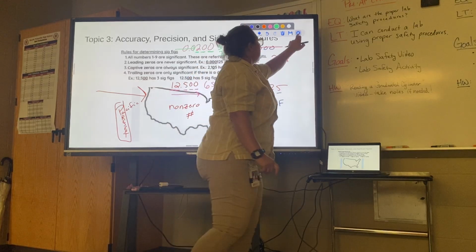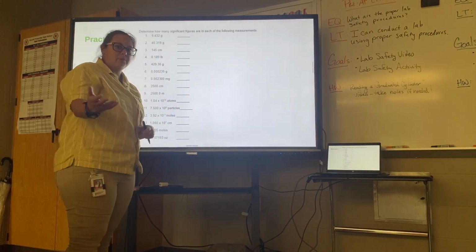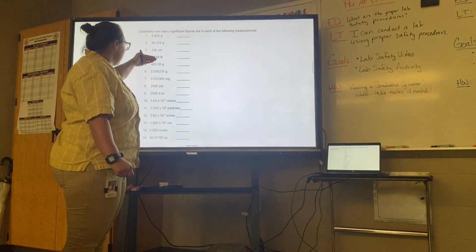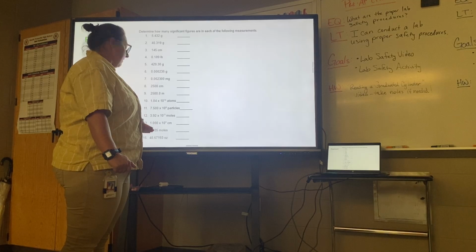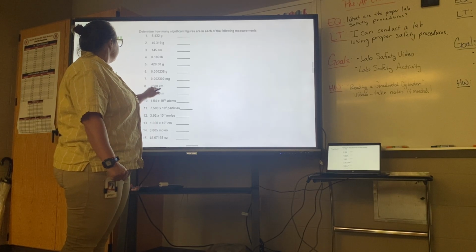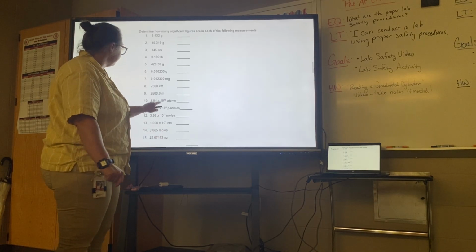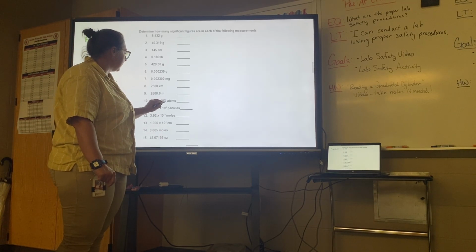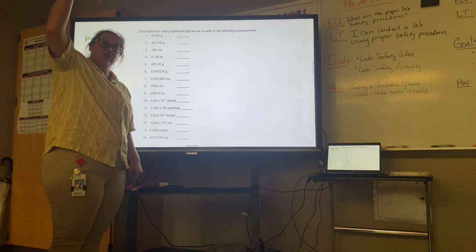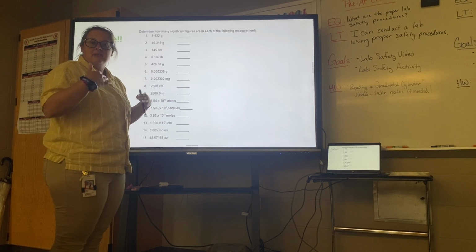What you're going to do now with your group is work on this practice. It should be on your worksheet packet. Figure out how many significant figures you have for each of these. One thing I do want to note, because you might have this question: when I have something in scientific notation, which is when you say times 10 raised to some power, that scientific notation doesn't mean anything.